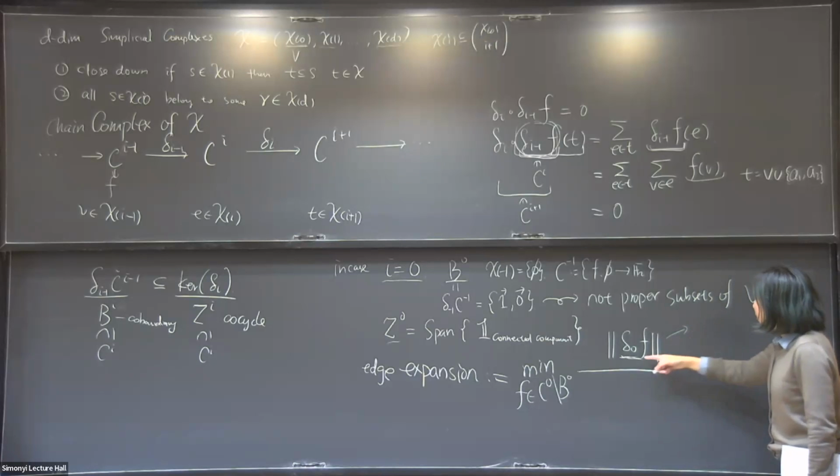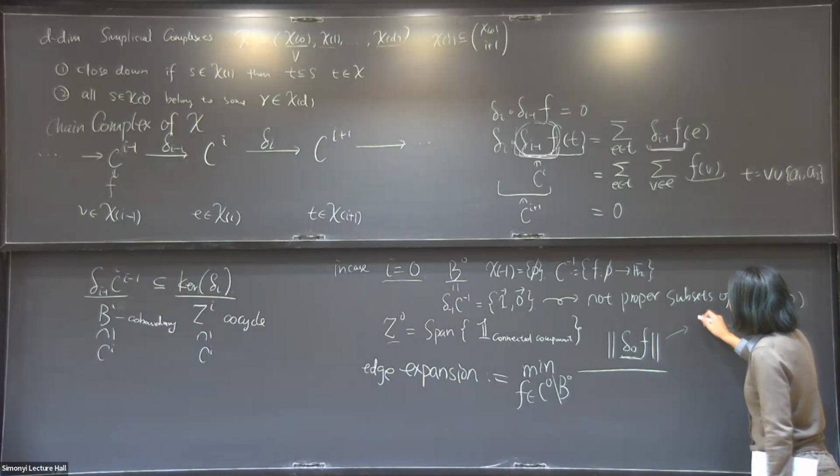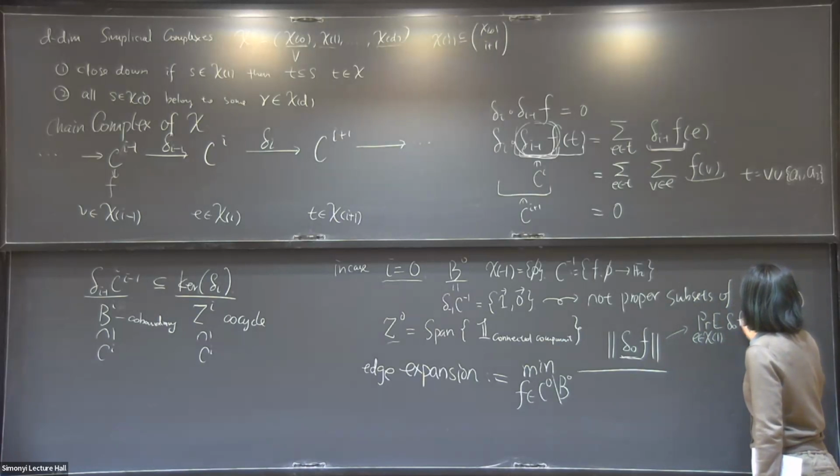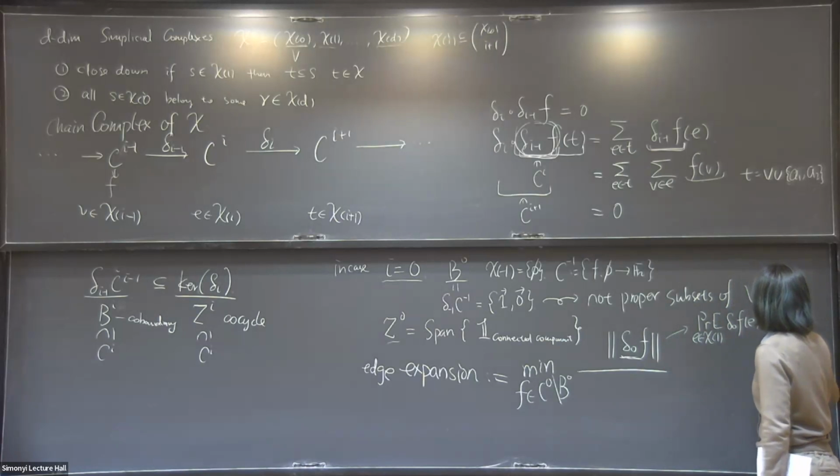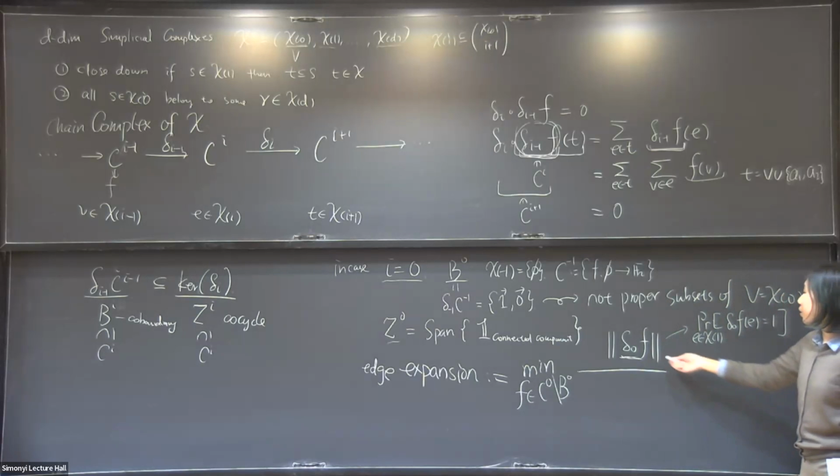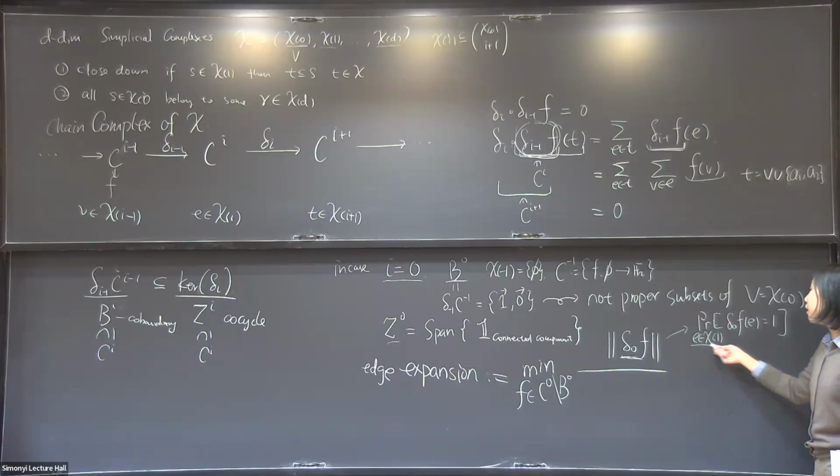But the norm is defined to be basically the probability over edges such that delta f at this edge is equal to 1. So the norm is really just a probability. I'm kind of hiding what the actual distribution is here, because for this talk, we actually don't really explicitly need a distribution.